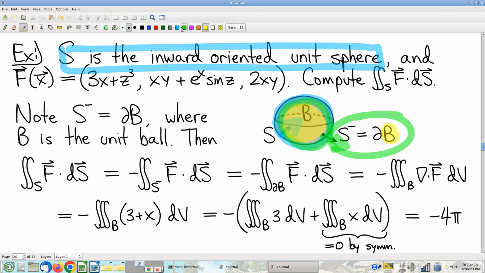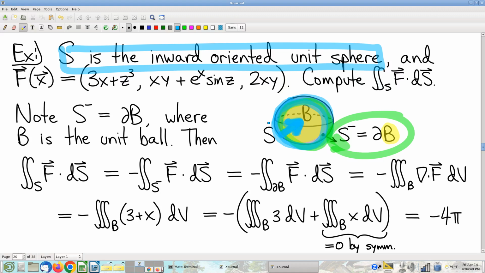Oh, and now my blue looks green. That's not good. Let me fix that. Yeah, so my blue surface is like that. Not a boundary, but the green surface is a boundary. Everybody okay? So we like the green surface.